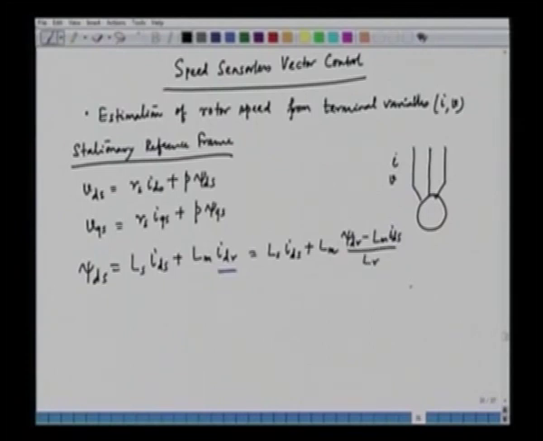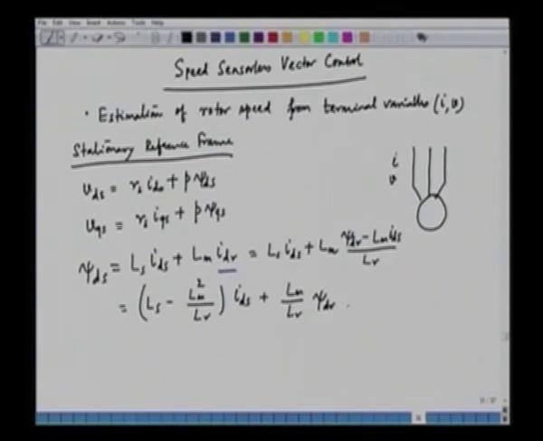Now if we simplify this, we can get the following expression: Ls minus Lm square by Lr into IDS plus Lm by Lr into psi dr. This is what we obtain here.